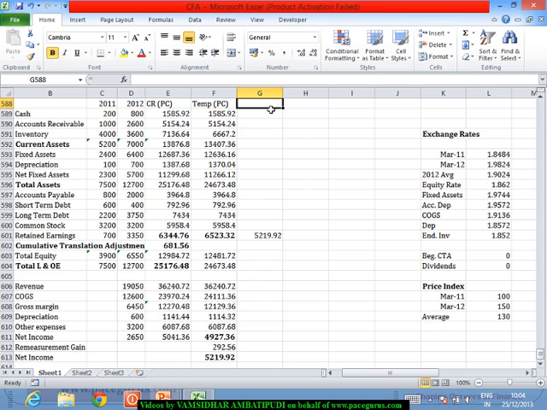Now I want to look at the pure income statement ratios and the pure balance sheet ratios. Let me just take this as 5219.92.